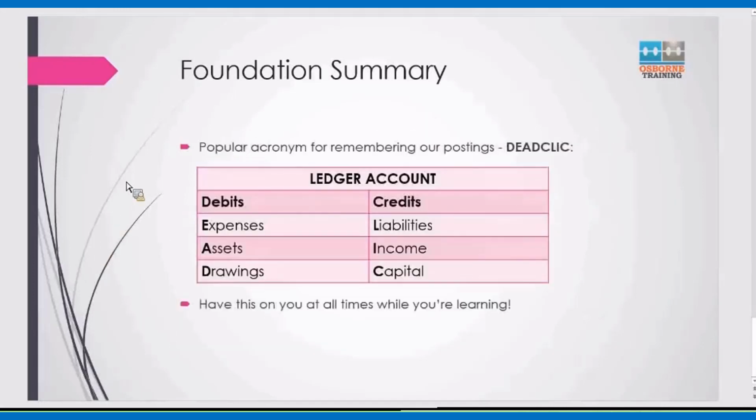And then last but not least, how do we remember which side everything belongs to? So we've got this very useful acronym known as DEADCLIC. Okay, and you can see how that is made up. So we've got our debits, our expenses and assets and drawings, and then our credit entries include our liabilities, income and capital.